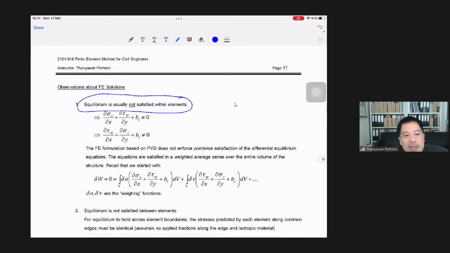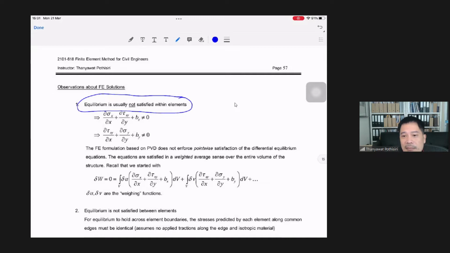But anywhere else, particularly if you look at each point in the body, you may not see equilibrium.